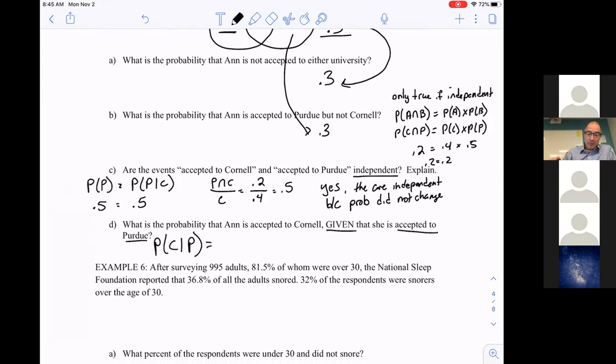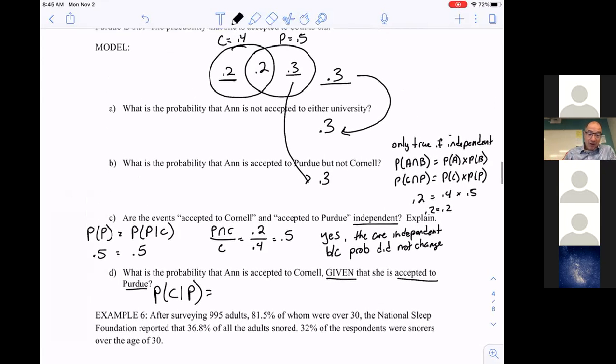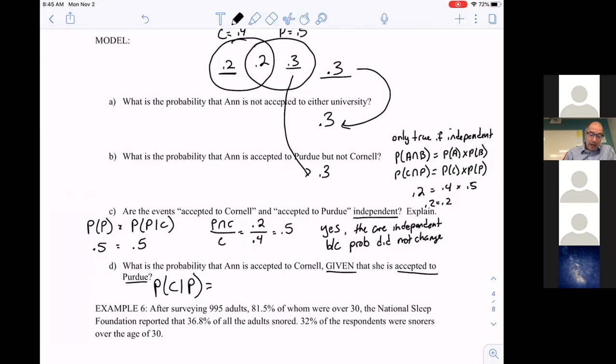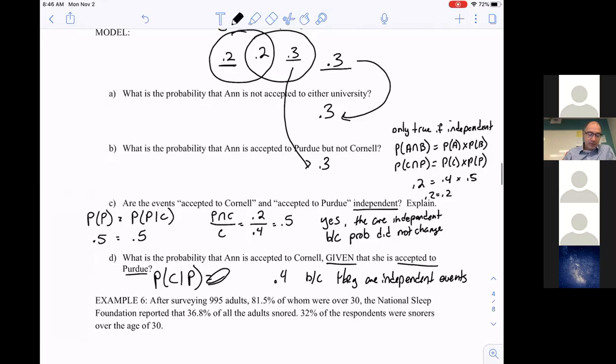Since we found out that they are independent, I'm just going to go with 0.4. I was going to go through the calculation, but there's no sense in doing so. It's going to remain 0.4 because they are independent events.